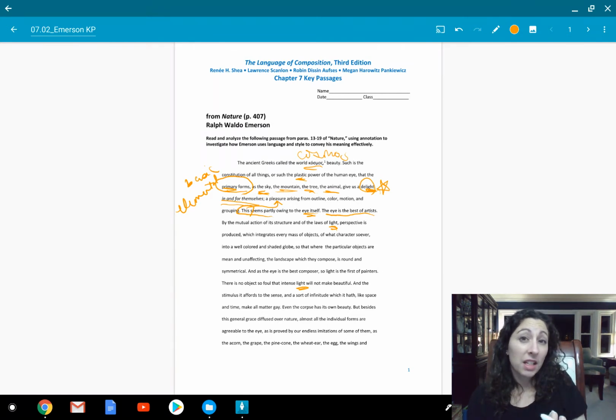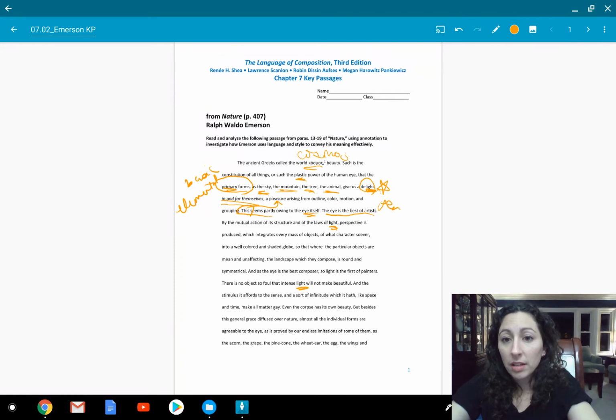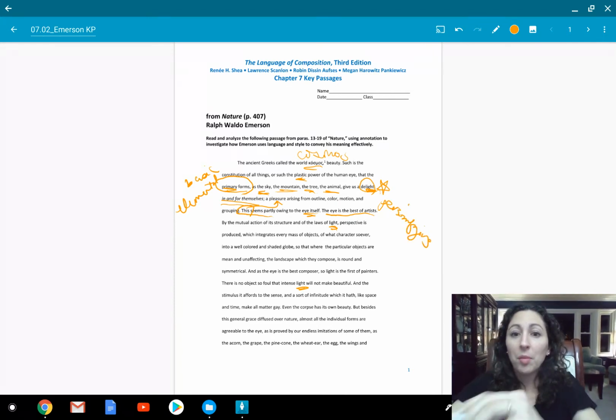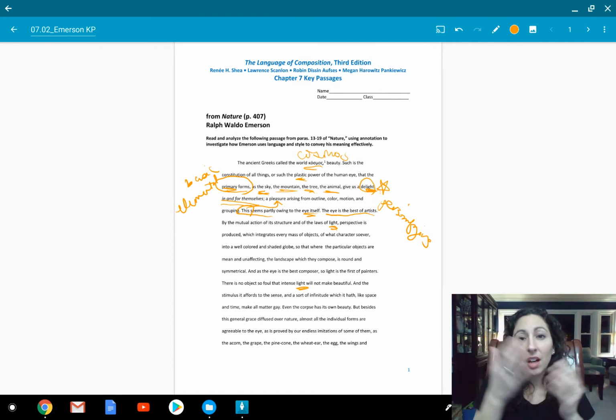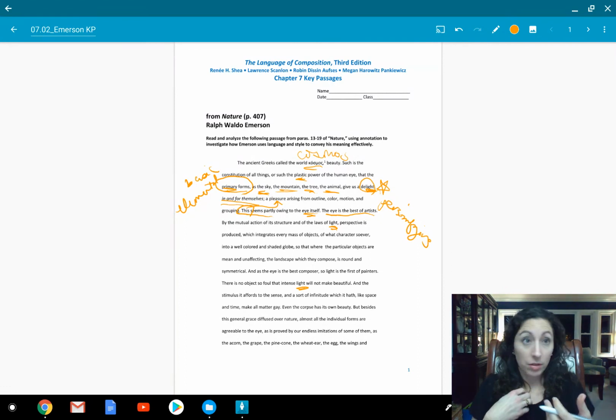And he's stating it as a claim of fact. And really, he is personifying that part of the human body and aligning the eye with this idea of an artist, something that can bring beauty to us.